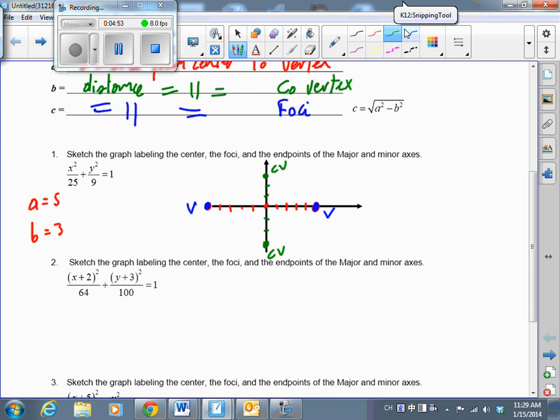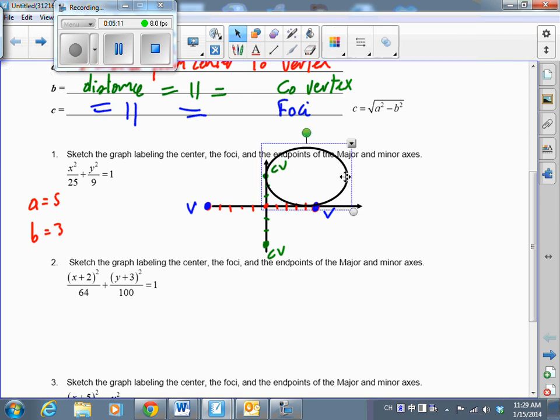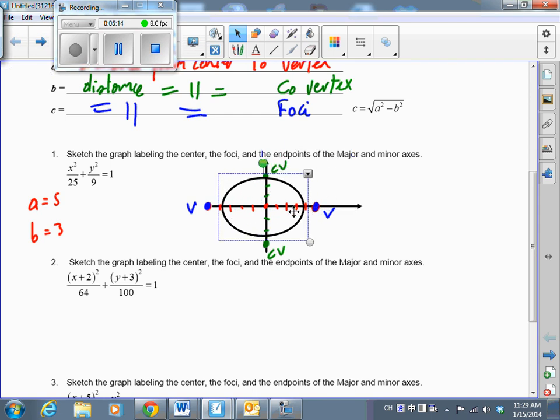From here you can actually graph your ellipse. Something like that, okay? Well, that's how it's going to look, but it's going to go through these points.